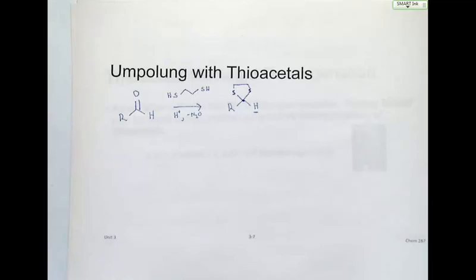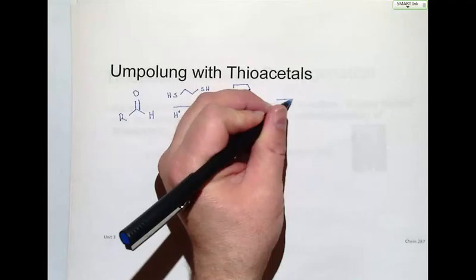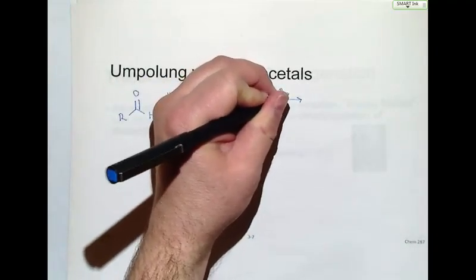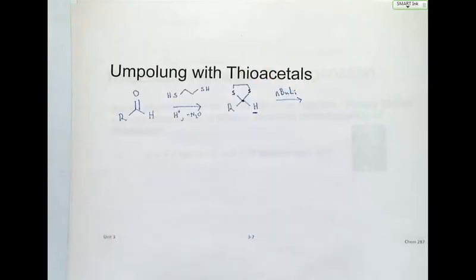So what that means is we can actually deprotonate this, and it turns out we can use an alkane base like n-butyllithium, which you'll remember is just the lithium salt of butane. The pKa of butane is about 50.